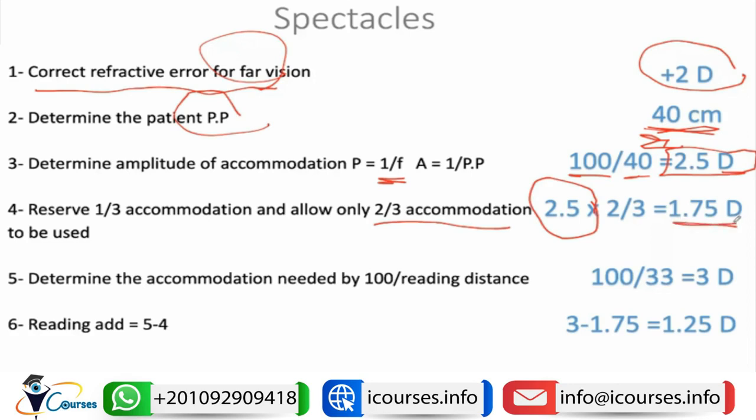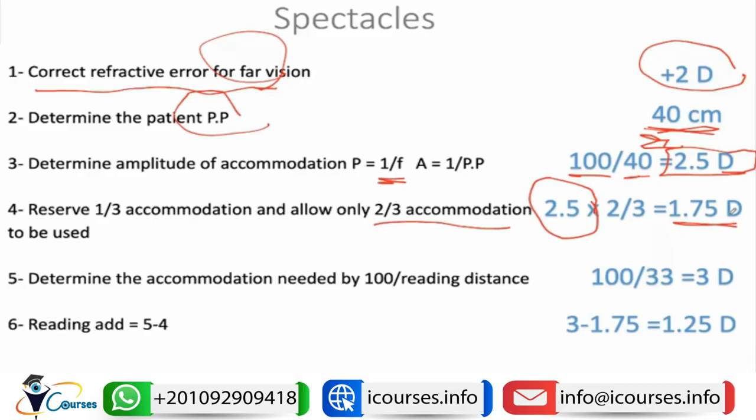The patient is allowed to use a maximum of 1.75 diopters of accommodation and leave 0.75 diopters at rest as a reserve in order to be comfortable. So the patient can use only 1.75.